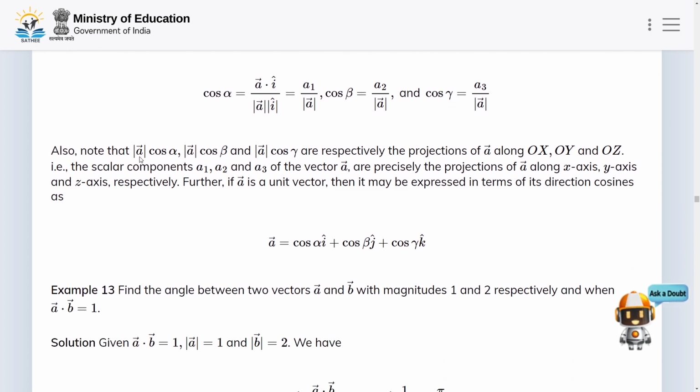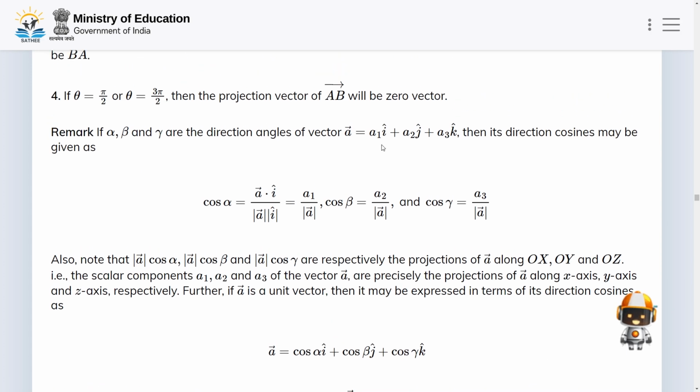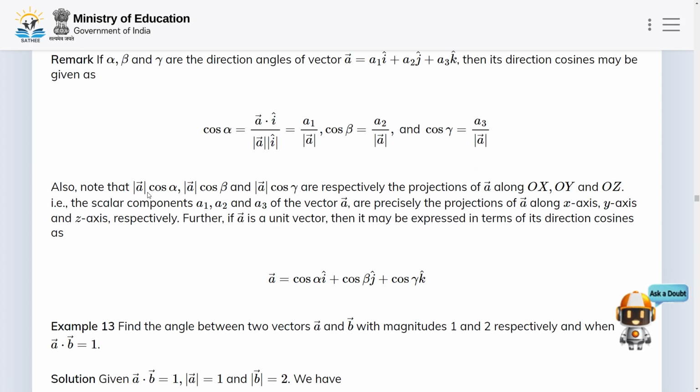Also note that after rearrangement, the x component will be magnitude of A times cos alpha, the y component will be magnitude of A cos beta, and the z component will be magnitude of A times cos gamma.